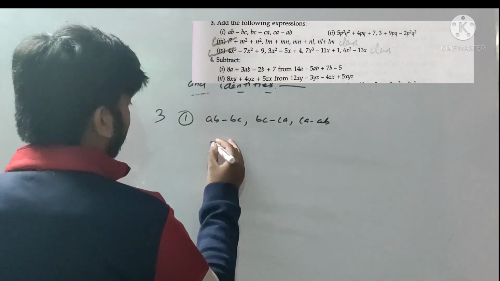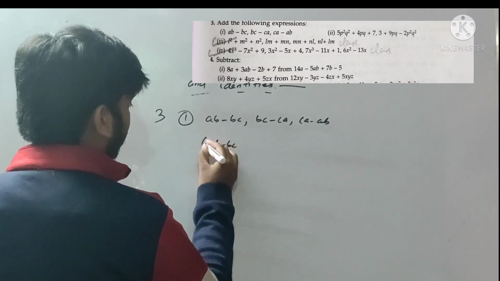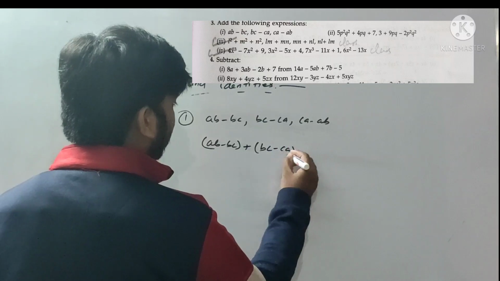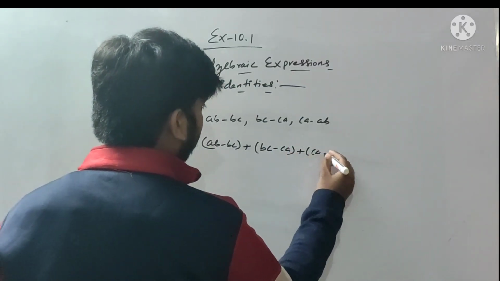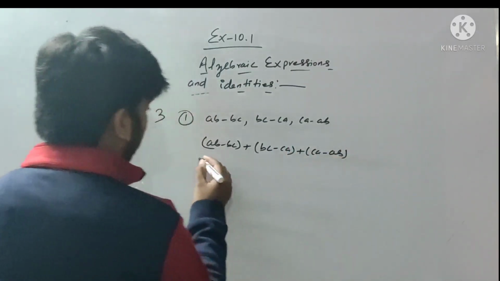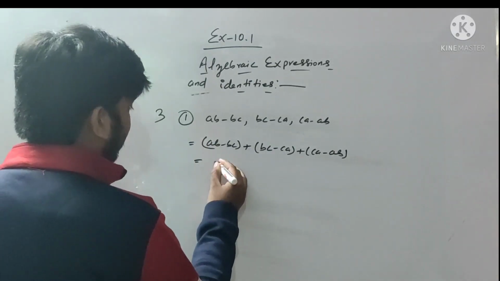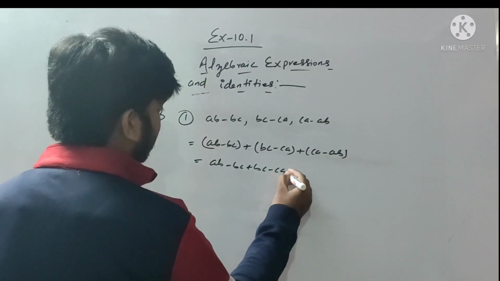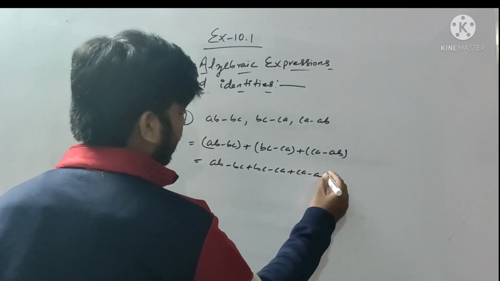So we will do it like this: AB minus BC in brackets, here plus, because we have to add this, minus CA plus CA minus AB. After breaking the brackets, it will be AB minus BC plus BC minus CA plus CA minus AB.